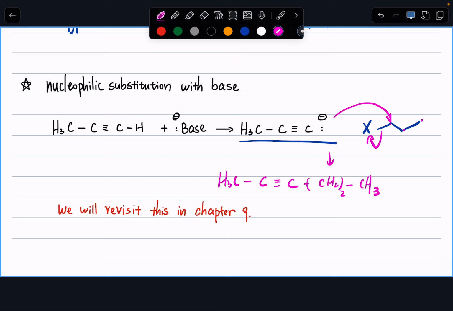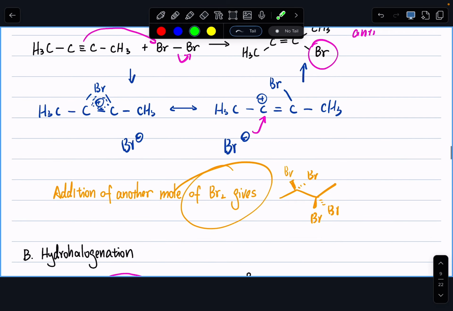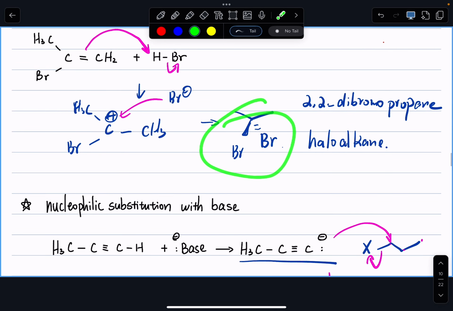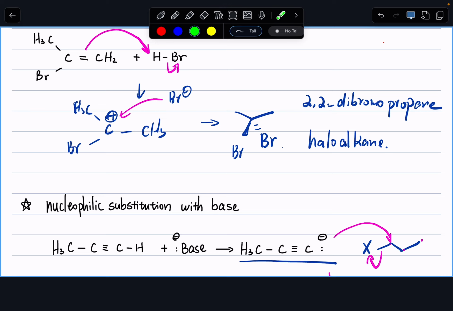If we have excess halogen or excess hydrohalogen, we can overreact with my alkyne to form either the tetrahalogenated product with Br2 or the dihalogenated product with HBr. All right, a very similar reaction mechanism, electrophilic addition. Any questions for this part?